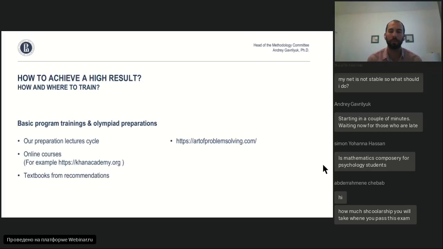Everyone who complies with these results, like for example, who gets the second degree diploma of the competition, can enter their faculty. That's not 100% information, because usually there are some limitations on free admissions for a university, generally, and for some particular faculty.